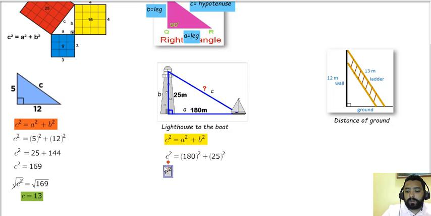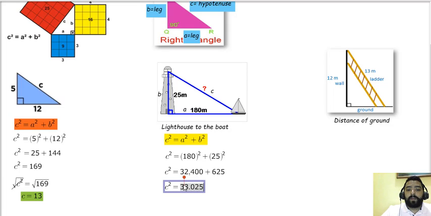c to the second equals 180 to the second. Remember, it's 180 times 180, and it's going to be 32,400, plus 25 to the second, which is 625. Then we are going to simplify, and we're going to have c to the second equals 32,400 plus 625, and it's going to be 33,025.